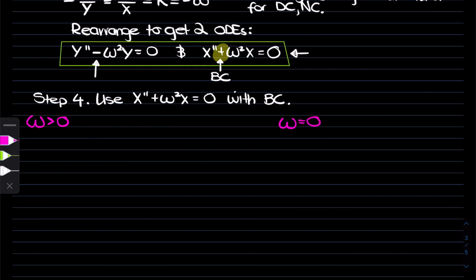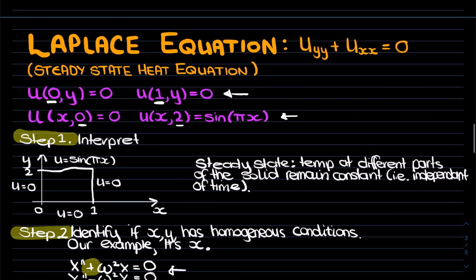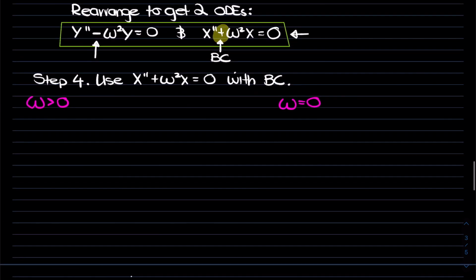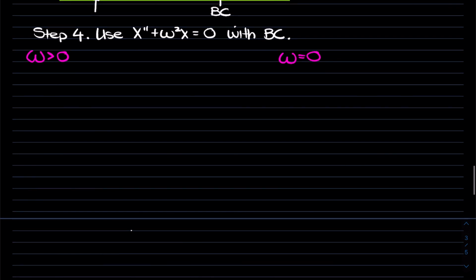If you've watched my previous videos or you've done these sort of things a few times before, you'll know that because we're working with Dirichlet boundary conditions up here, the lambda equals 0 case is going to be trivial. But for those who haven't seen it, I'm just going to work through that again. So what I'm going to do is I'm going to say if lambda equals 0, we're going to get the ordinary differential equation that looks like this.